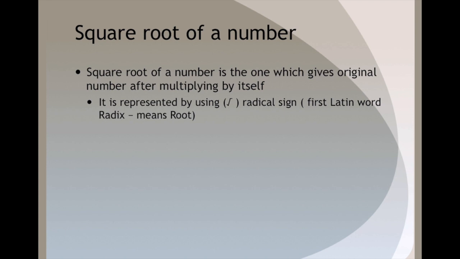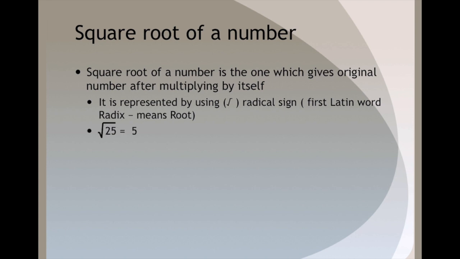It is represented by a special sign which is called the radical sign. Why is it called radical? Because of the Latin word radix, which means root. So from Latin this sign is taken and it is called the radical sign.